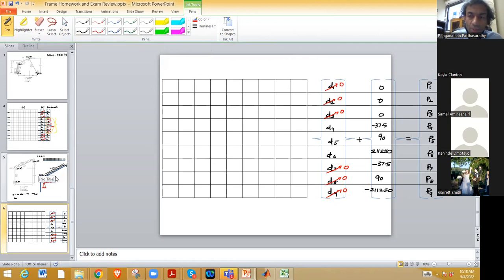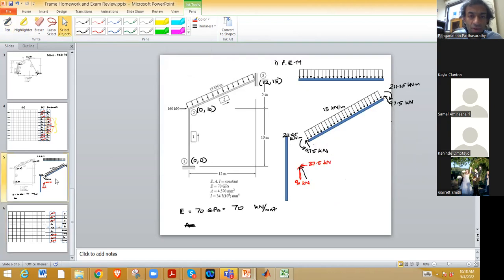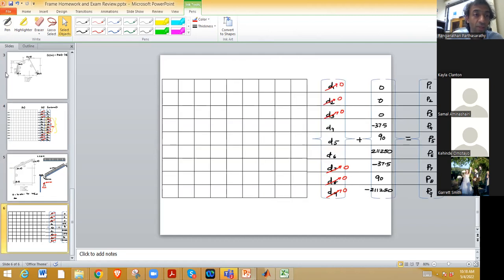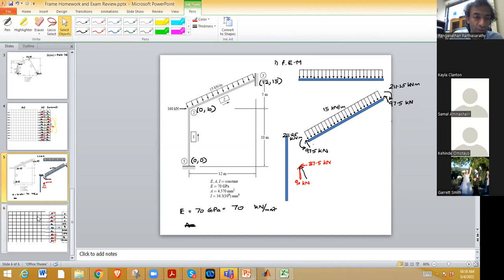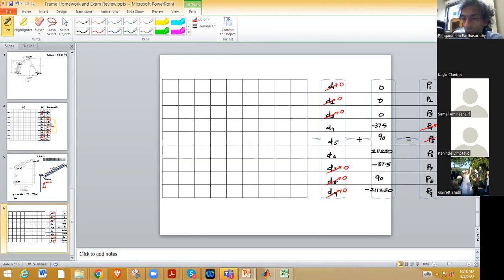Then P1, P2, P3, P7, P8, P9, we don't know. And P4 is positive 160. And P5, P6, we don't have. Okay. So now we can go ahead to solve it.